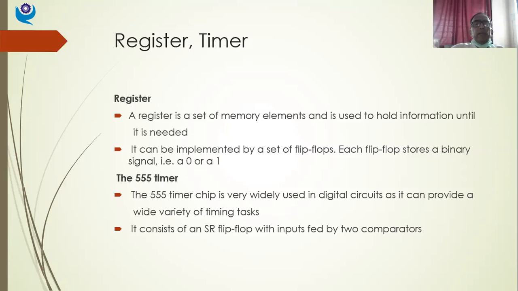Then the timer. So supposing that in certain operations, we have repeated operations and which are time bound. Like we conduct a lecture, after every 1 hour, there should be a ring that is ringing, right? So a set timing is there. So we can make use of a 555 timer, which can be set for any of my timing requirements.